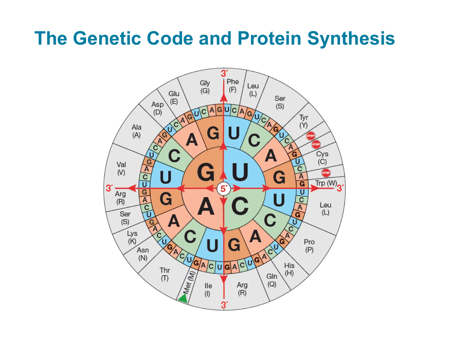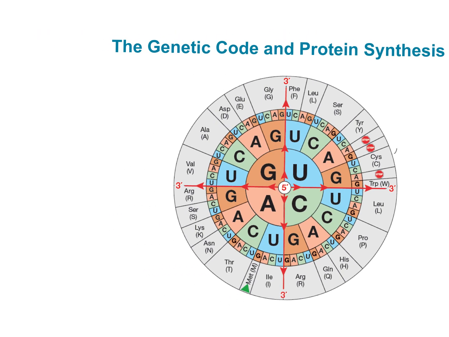So here is the different mRNA triplets are called codons. So let's start there. So a given mRNA triplet is called a codon.